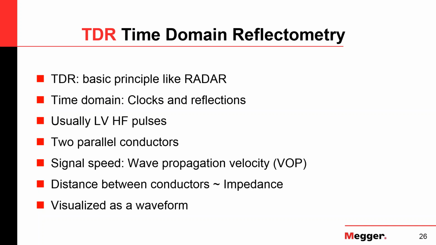And in terms of physics, the TDR works based on, I have two parallel conductors and I send the pulse down. And just to clarify this, the actual electromagnetic pulse, that pulse that travels down the cable, travels between those two conductors.